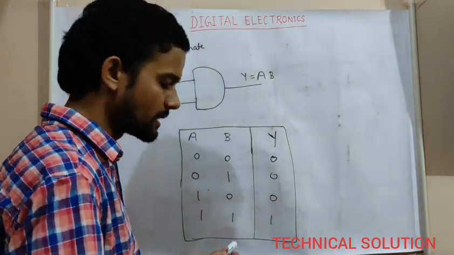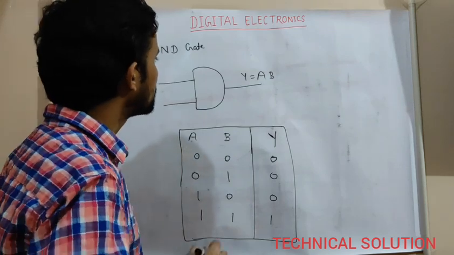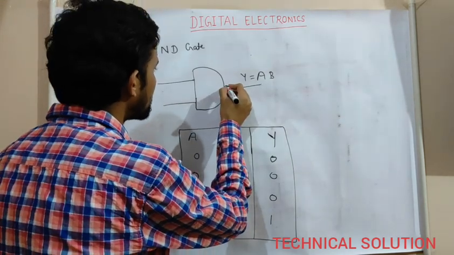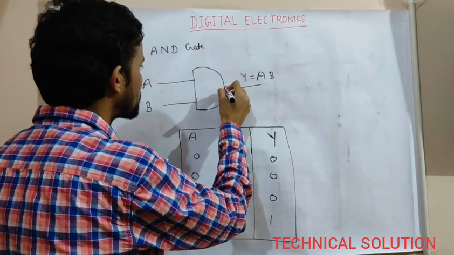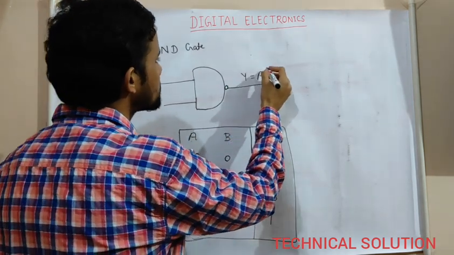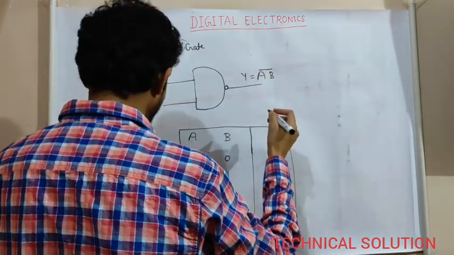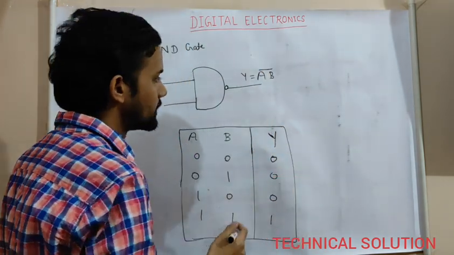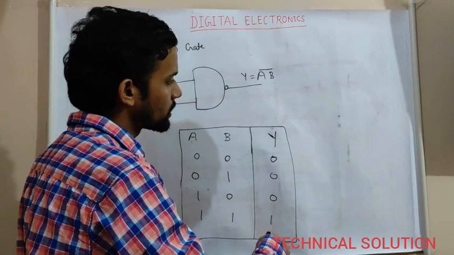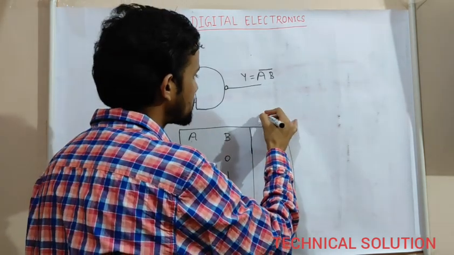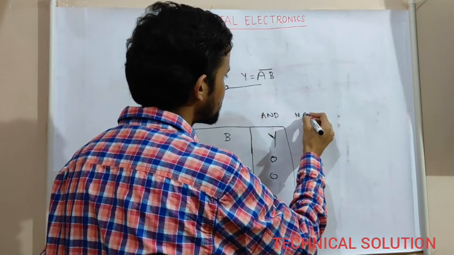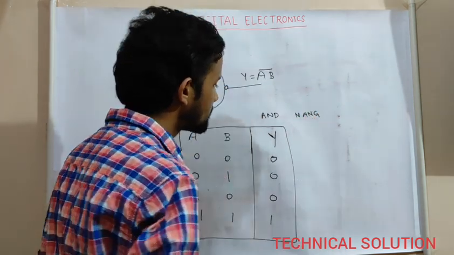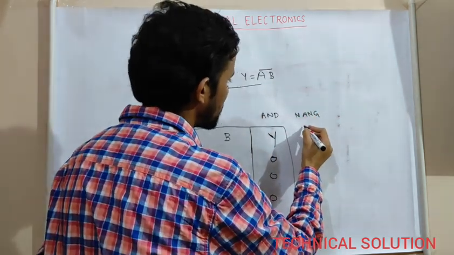Next basic gate is NAND gate. If we put a bubble here in AND gate, then this will become a NAND gate, and this output becomes AB whole complement. That means negation of the output of the AND gate. This is the output for AND gate, and the output of NAND gate is Y bar.